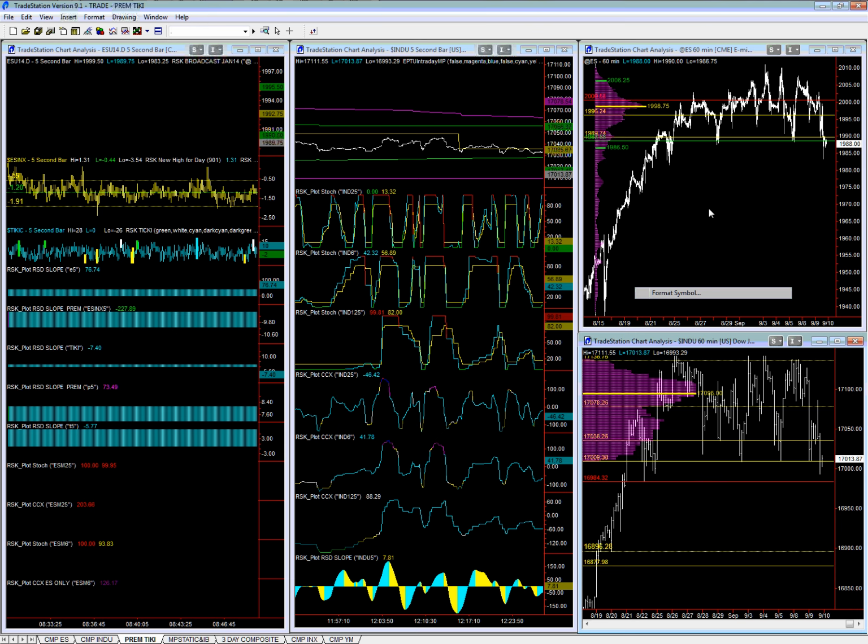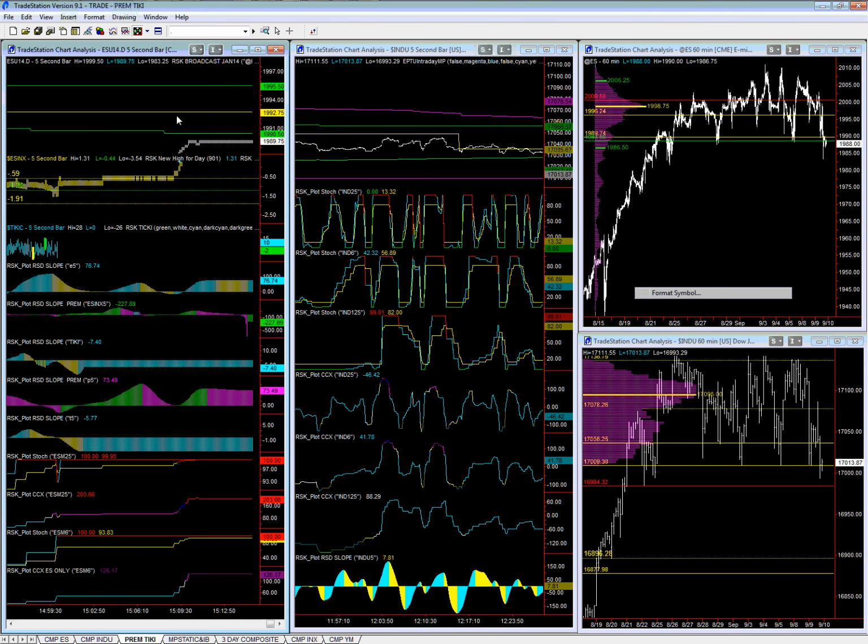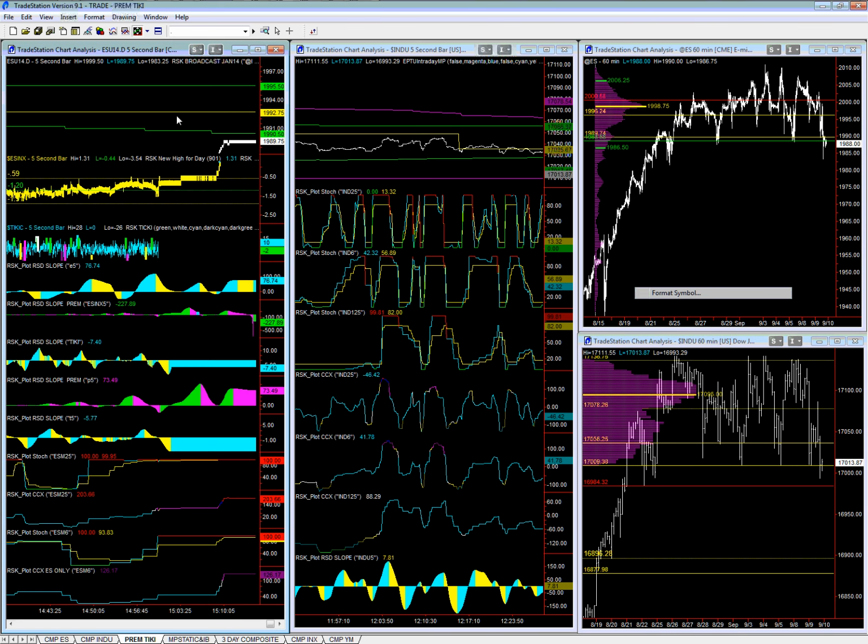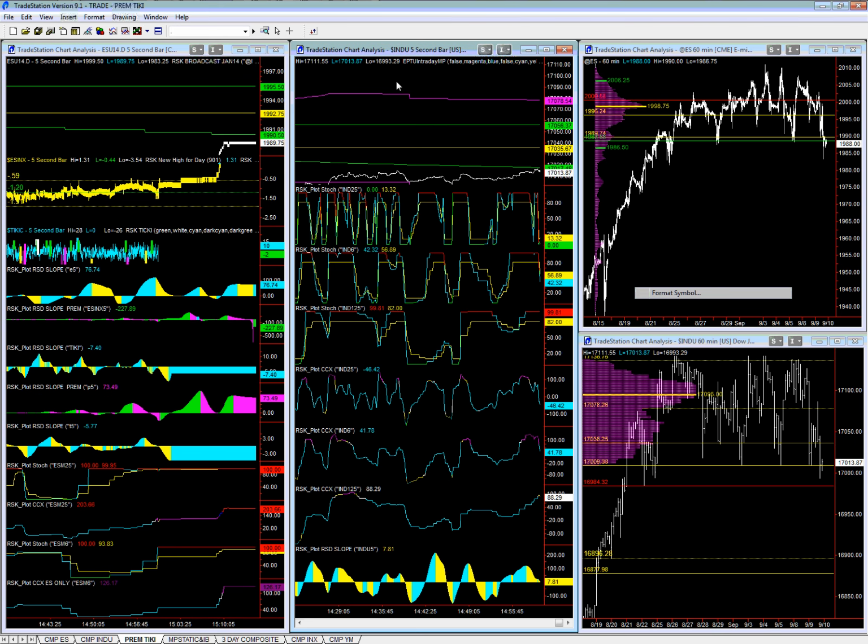So we can keep an eye on all of this in one chart if we want to. Now, some of our traders don't want to have that much information to look at at any one point in time, and that's fine. Depending on how many screens you've got, you can do this any way you wish. But you can have it all on one screen, or at least on one monitor, if you choose to do so.